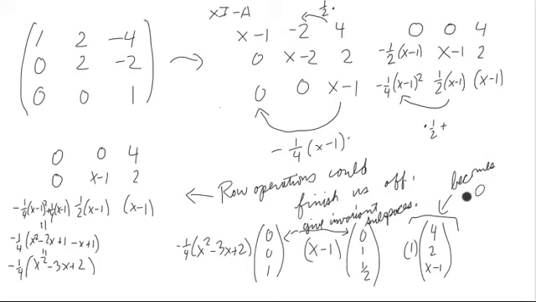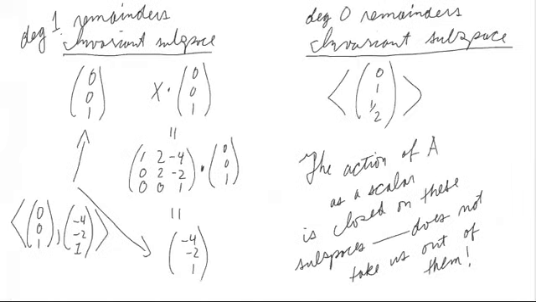This guy is just going to go to 0, because modding out by 1 just gives you 0. Here, this is going to give you something of degree 1. This is going to give you something of degree 2. So we have a degree 1 subspace and a degree 2 subspace that are invariant with respect to the action of that matrix.